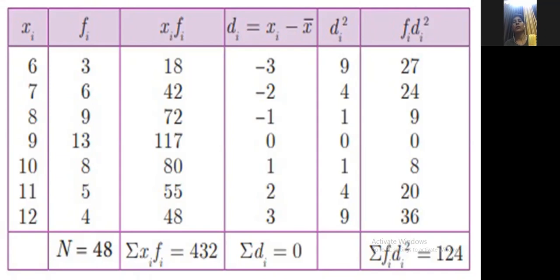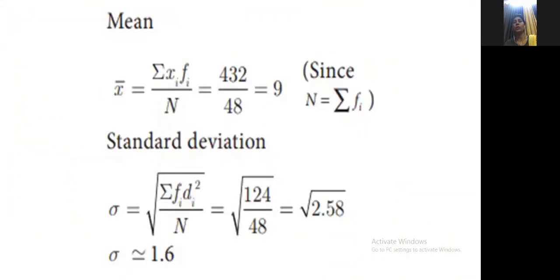After this, we square this data, which we use in our formula further. So when we square the data, that is D square, we get different values. And in the last column, we get the summation FD square, after multiplying the frequencies with the square of the deviations.